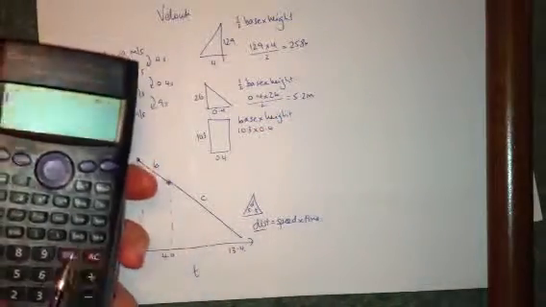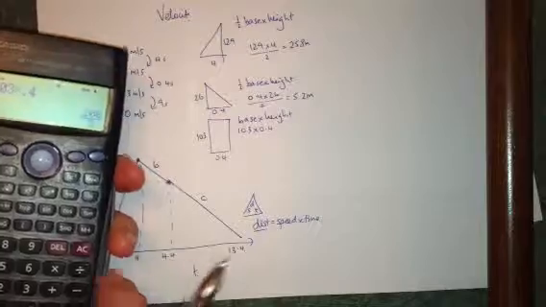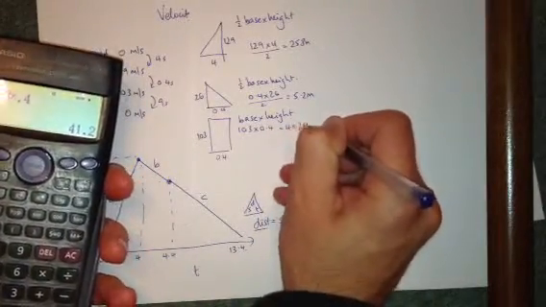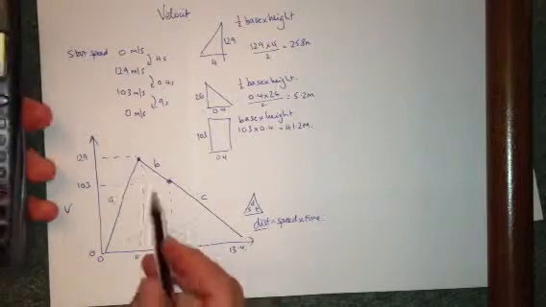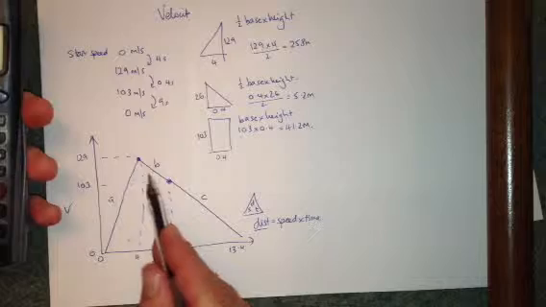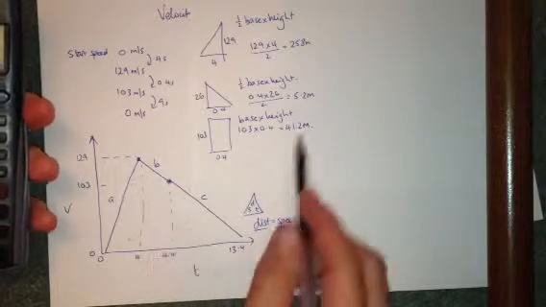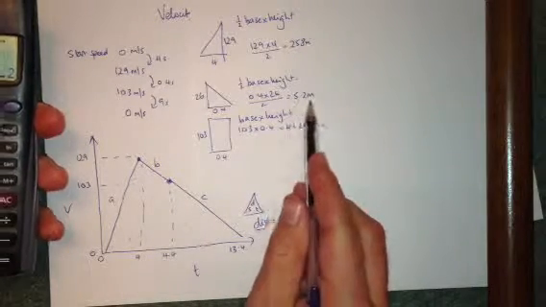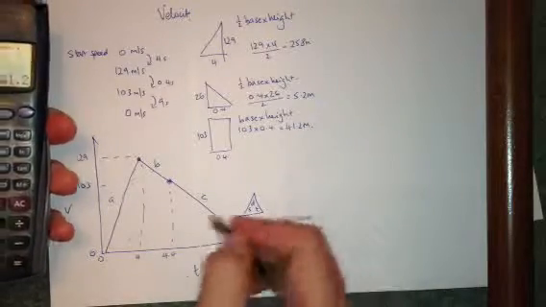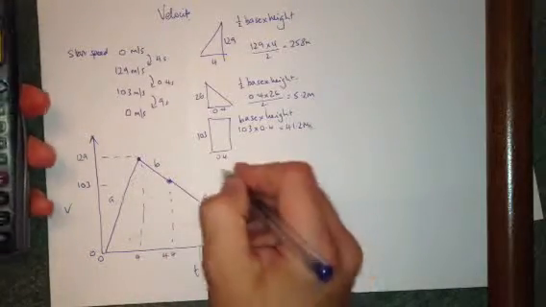So 103 times 0.4 gives you 41.2 metres. So in this part of the journey, the total distance travelled is these 2 areas added up. So 41.2 and 5.2, so 46.4.